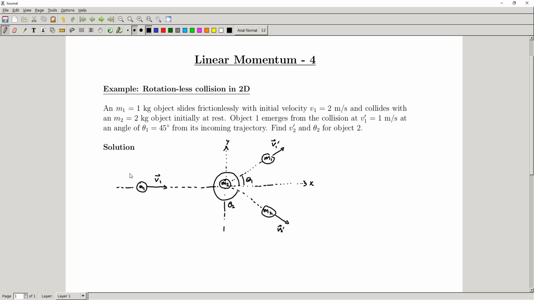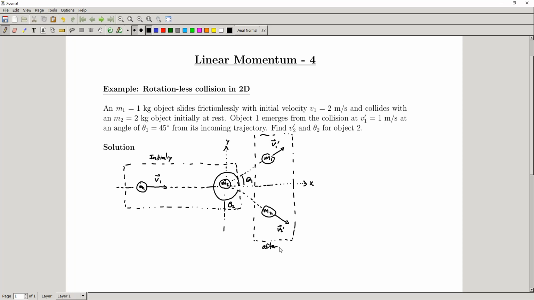Let me just take a second here to draw in some more detail. This setup here is what's happening before, so initially, and then our final state is this stuff here, the two masses speeding off this way. Okay, so this is after. So that's the setup.